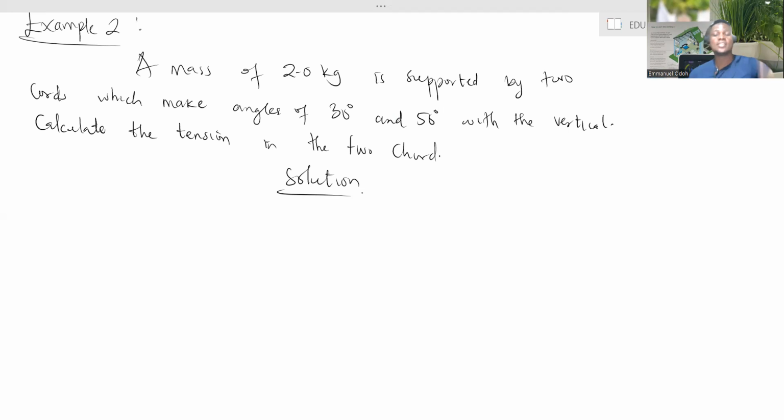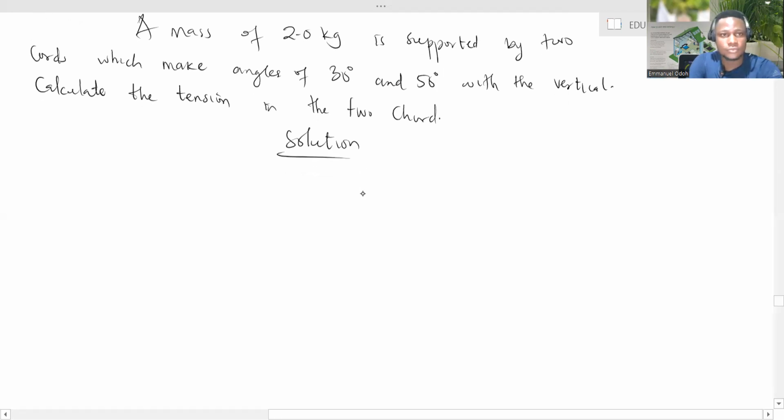As a result, the weight of the object will be directed downward, and I'll show that in a diagram. Let's say this is the mass. Its weight is directed downward, and it is always downward, which is 20 Newton.